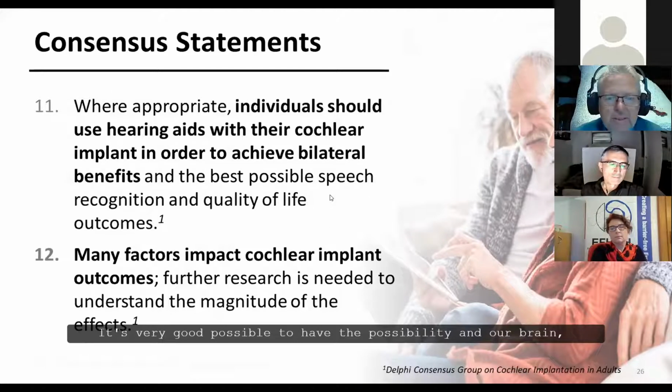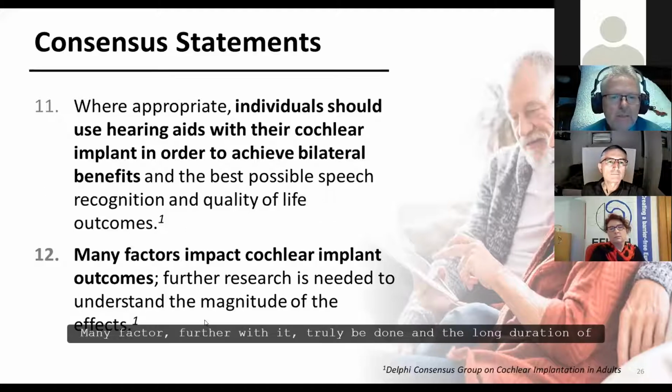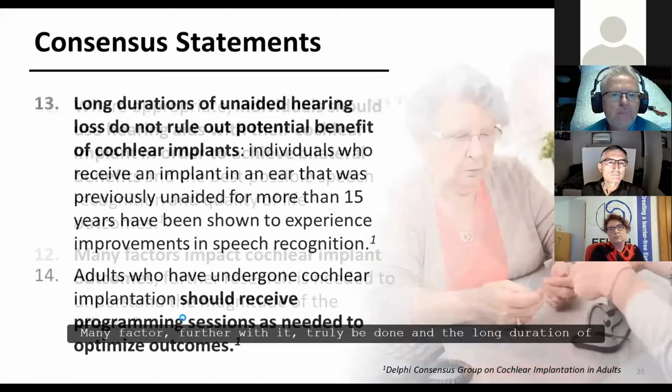So it's very possible to have both, and our brain is astonishing in that it can synchronize and put both signals together to a very good result. Further research must surely be done.